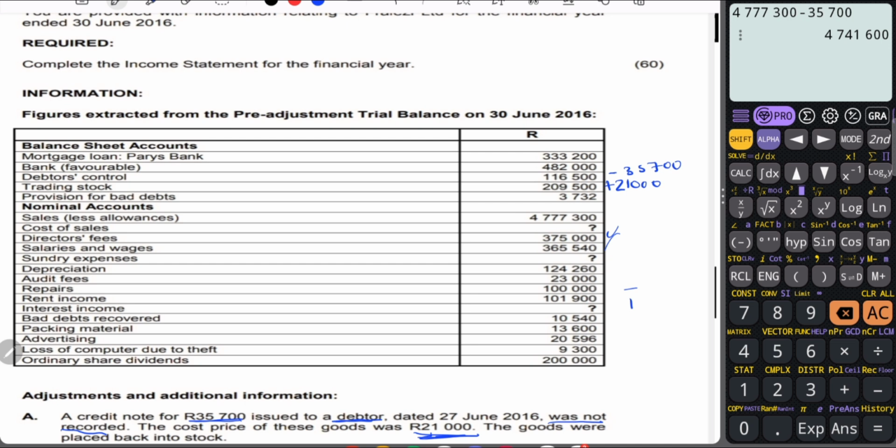Why do we minus the 35,700? It's because this debtor is returning stock. Obviously, his account must decrease by 35,700 as a result of the returns.